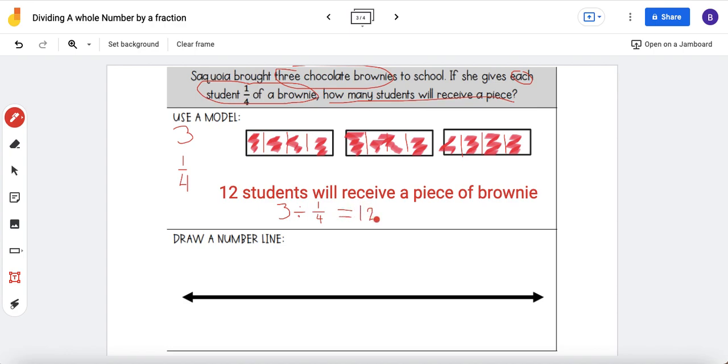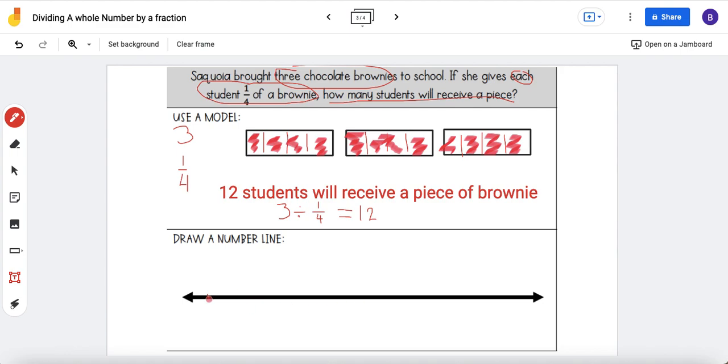So in this one, we are actually ending up with more than we're starting out with because we're breaking them into smaller pieces, which gives us more pieces. We're breaking these 3 brownie pieces into fourths, and so that's going to give us 12 smaller brownie pieces to share.